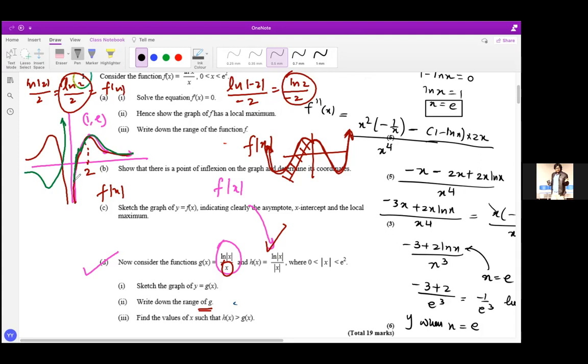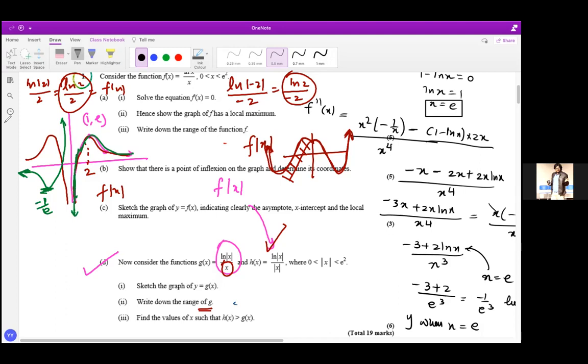Now for the range of g, on this side it is obviously greater than -1 by e, but on this side it goes all the way down. So basically it is all real numbers. You can clearly see this is all real numbers.